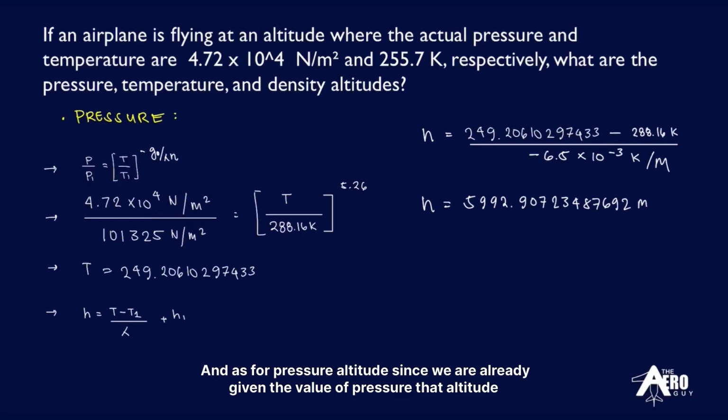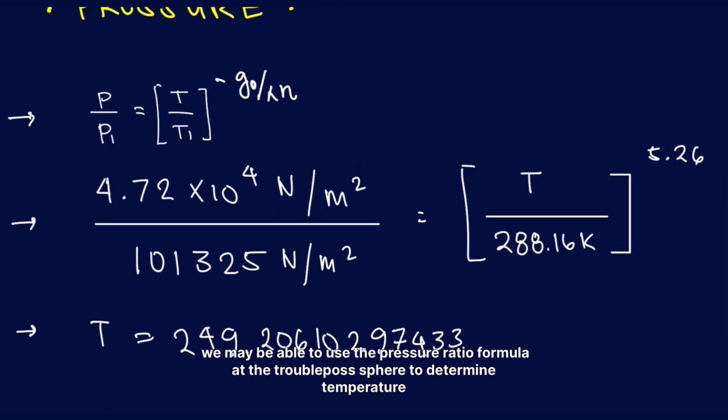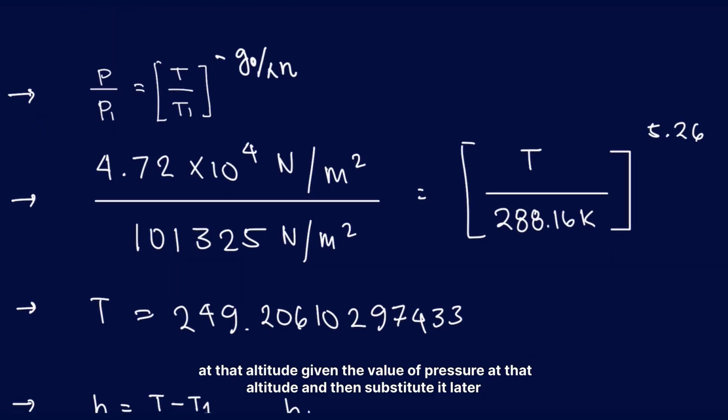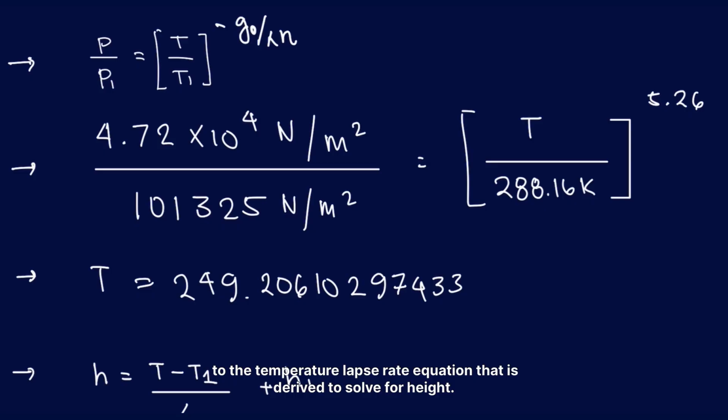And as for pressure altitude, since we are already given the value of pressure at that altitude, we may be able to use the pressure ratio formula at the troposphere to determine temperature at that altitude, and then substitute it later to the temperature lapse rate equation that is derived to solve for height.